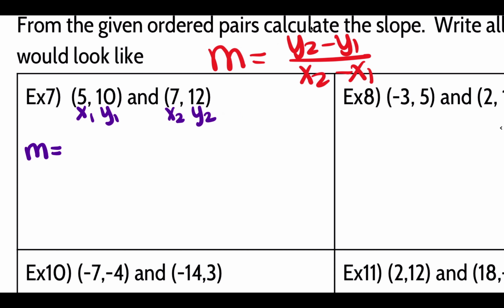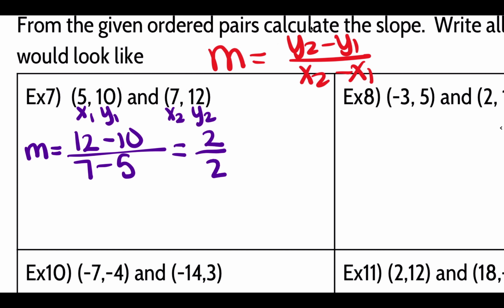So m is equal to 12 minus 10, y2 minus y1, over x2 minus x1, so 7 minus 5. So we have 2 over 2. If you reduce that fraction, that is just 1.